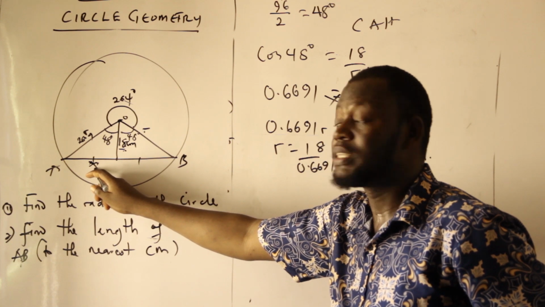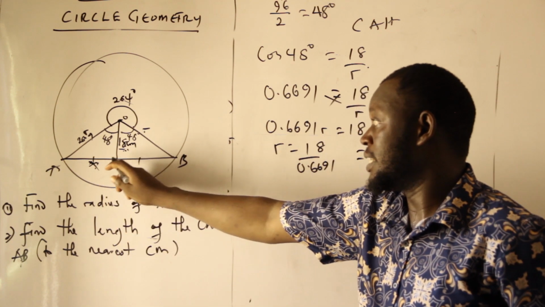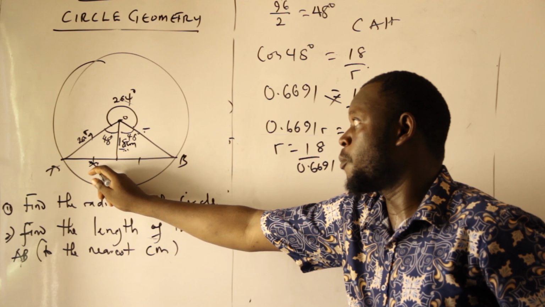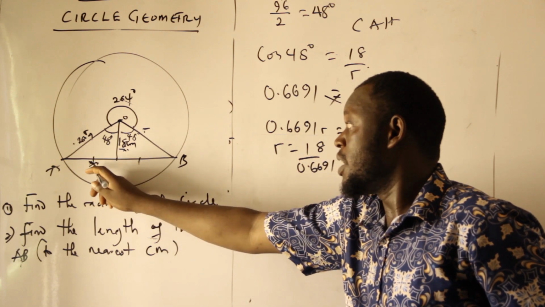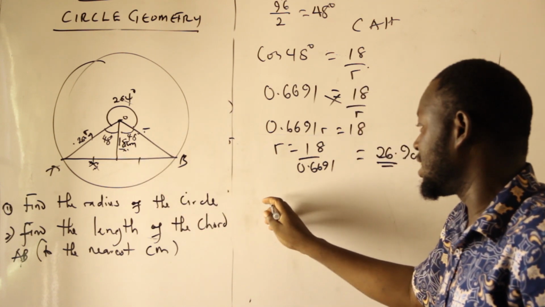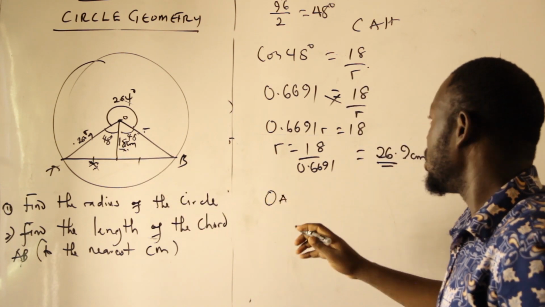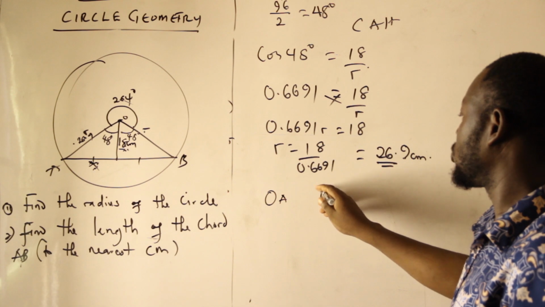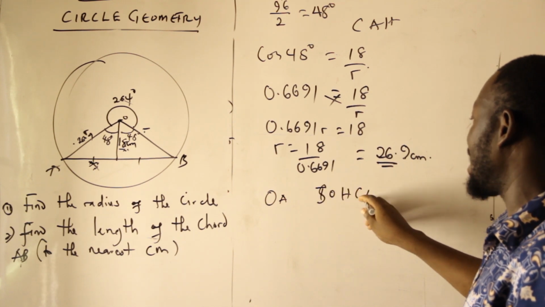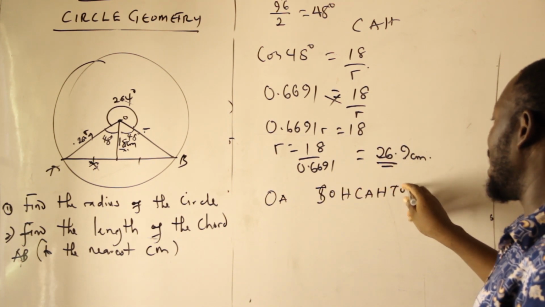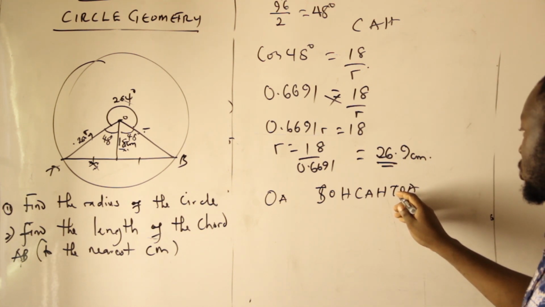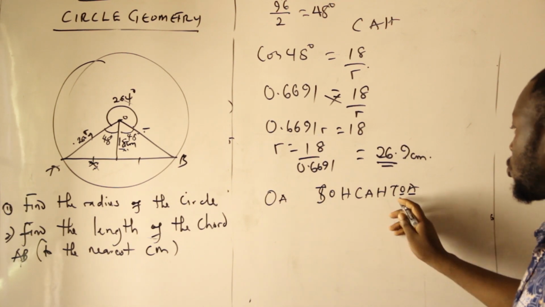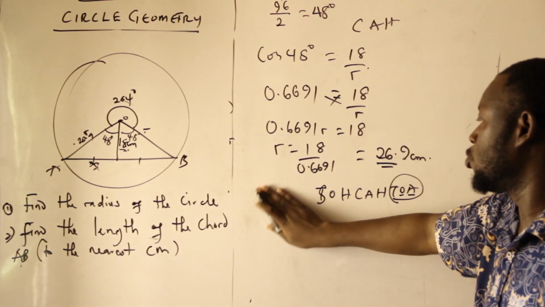We have x and 18, that is opposite. This is our opposite, this is our adjacent. Of course, this is the hypotenuse. So opposite against adjacent, that is O and A. Remember, I wrote SOHCAHTOA the other time. So I need a tangent.